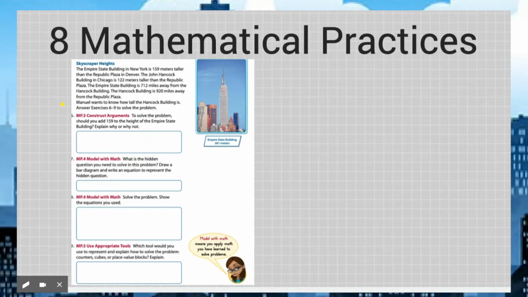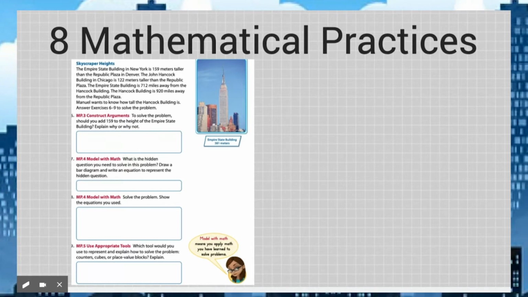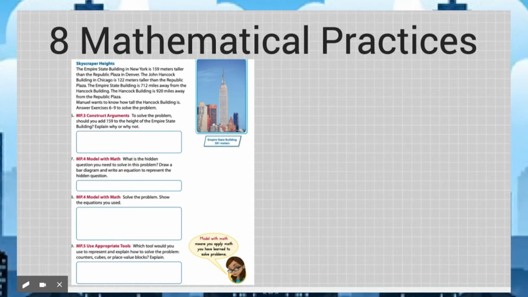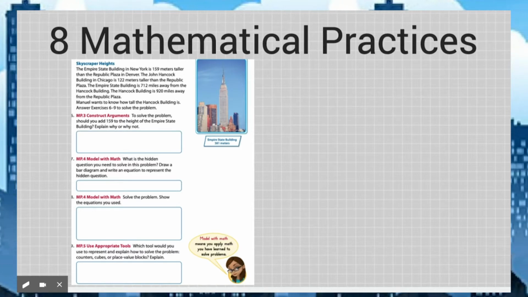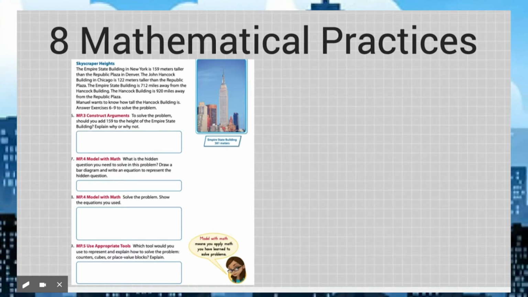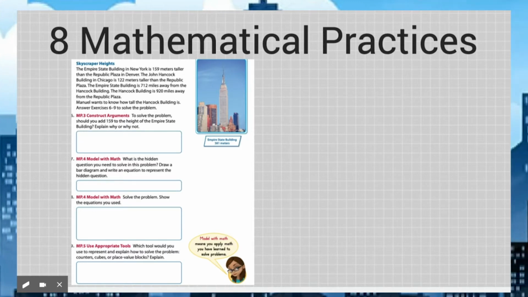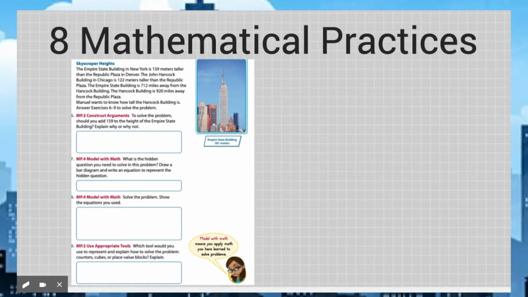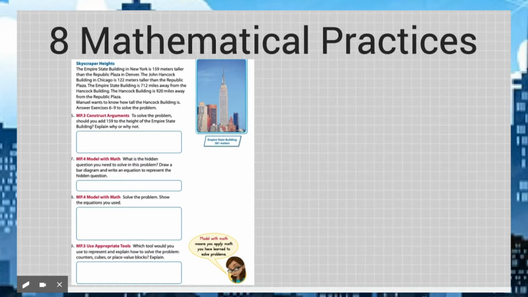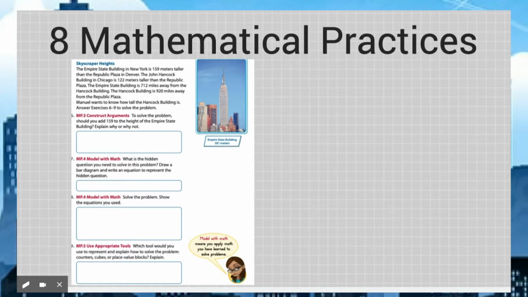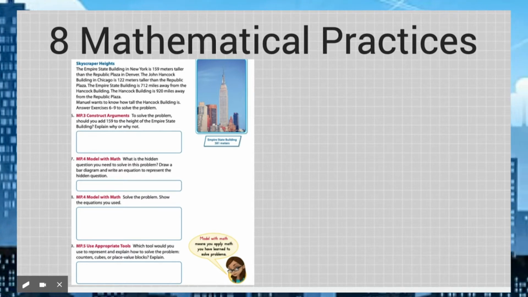The Empire State Building in New York is 159 meters taller than the Republic Plaza in Denver. The John Hancock Building in Chicago is 122 meters taller than the Republic Plaza. The Empire State Building is 712 miles away from the Hancock Building.